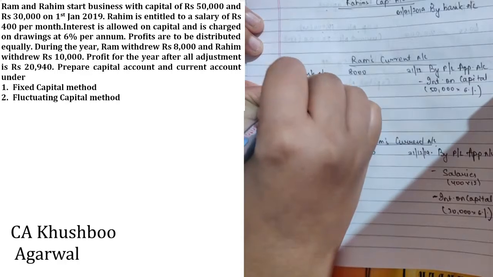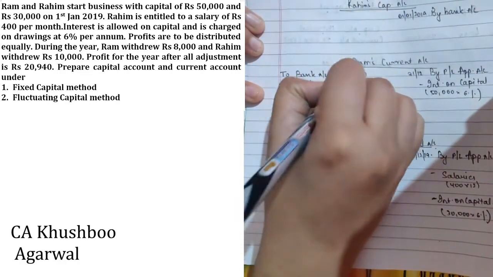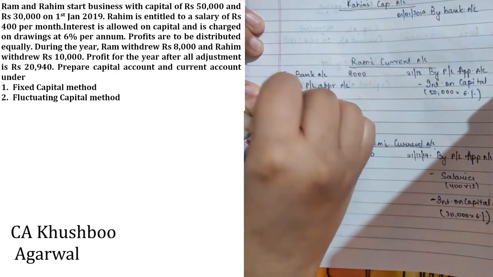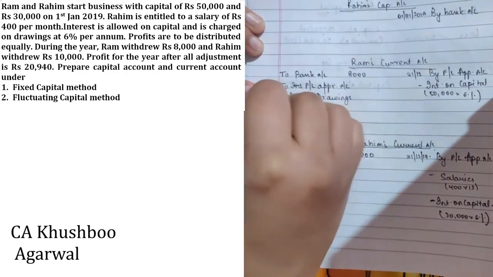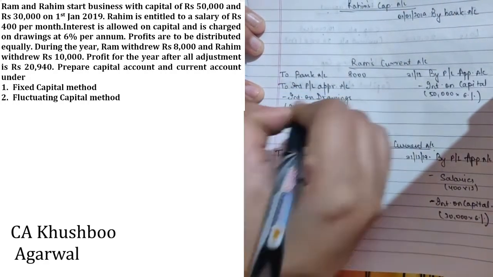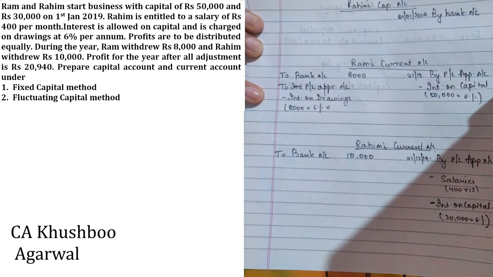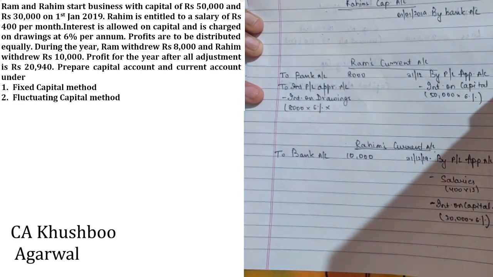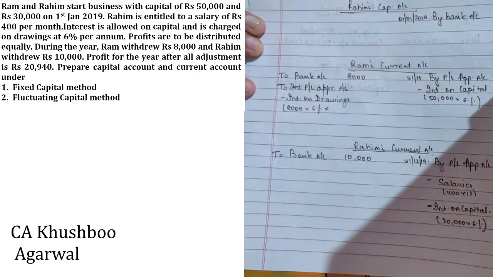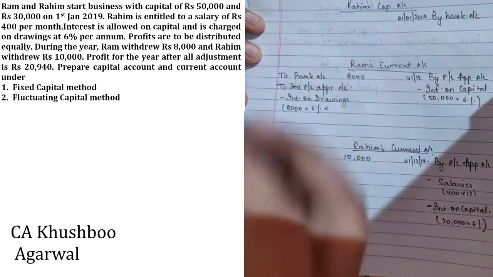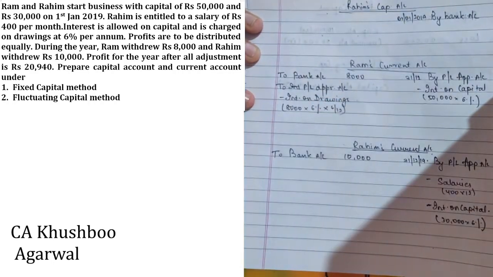So to PL appropriation account, in case of Ram, interest on drawings will be, the drawings was 8,000 rupees into 6% per annum. Now since the date of drawing is not mentioned in the question, we'll assume that it was made in the middle of year and therefore the interest will be charged for only 6 months.